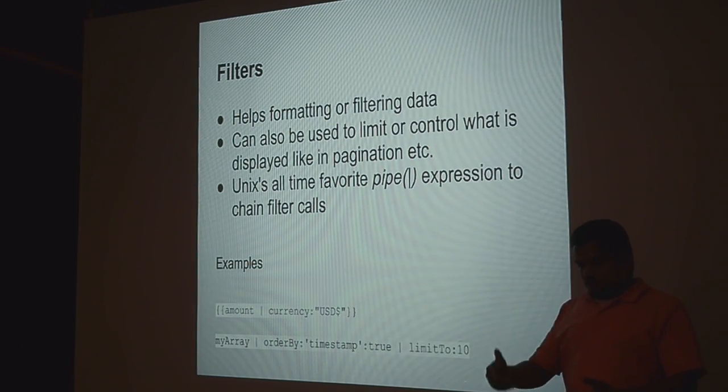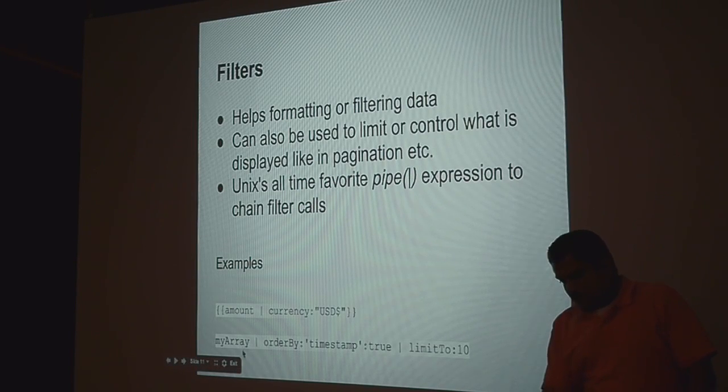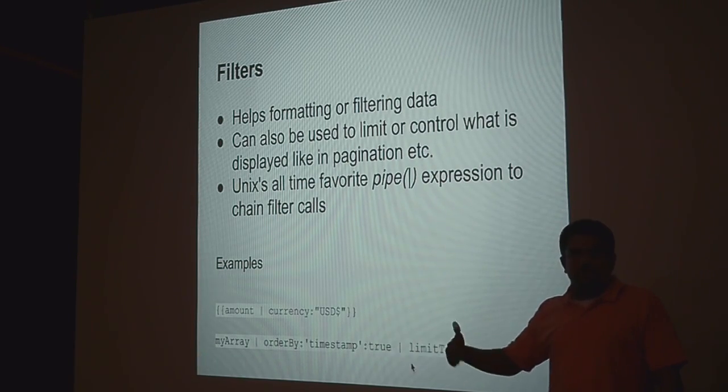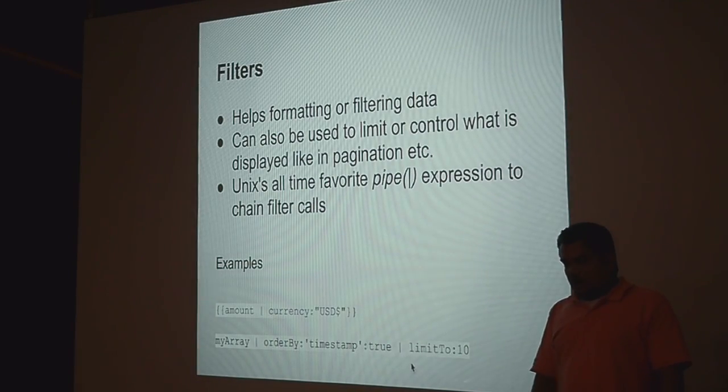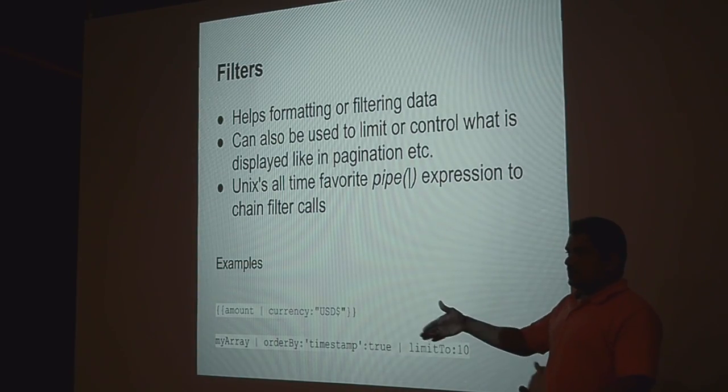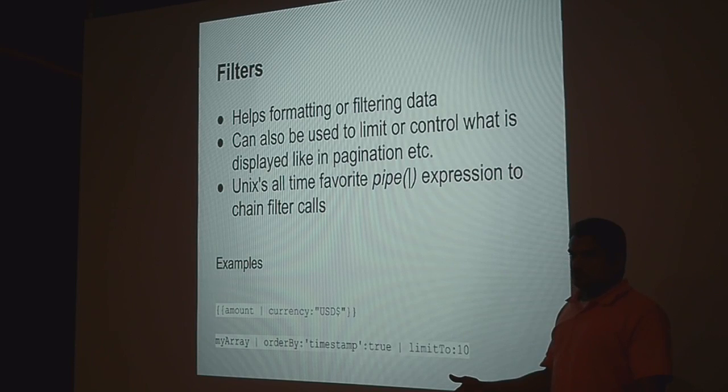One example: let's say I have an array of objects. I want them ordered by timestamp, I want only 10 of them, and so on. You could pipe as much as you want. It's basically a pipe-based syntax you can apply on the filters and chain to get the desired output.